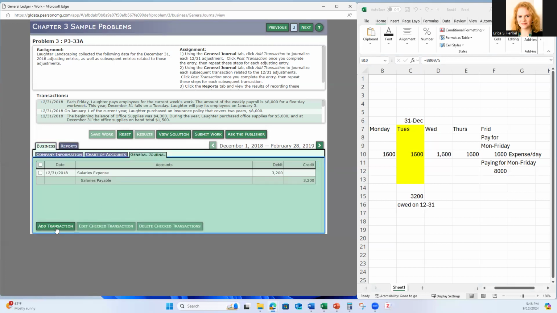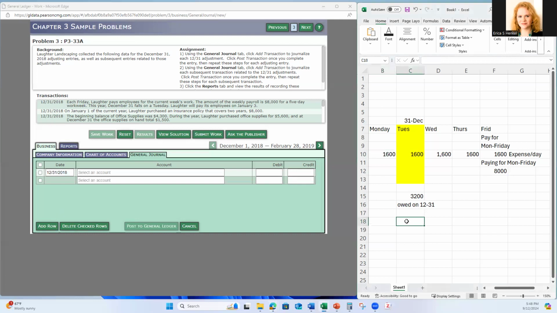All right, now I'm going to add my next transaction. On January 1st of the current year, so 2018, we purchased an insurance policy that covers 2 years for $8,000. So on 1/1/18, we purchased that prepaid insurance for 2 years, okay?